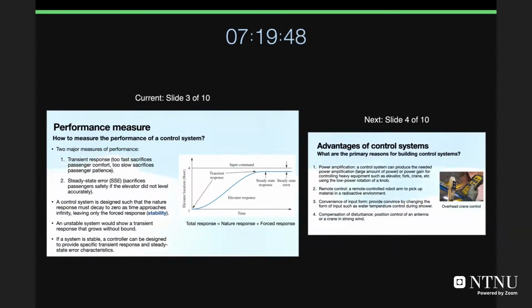Sometimes we need to design a controller for a system where the overshoot is important because it provides enough torque to help us move. So sometimes we will not focus only on the steady state response, but also on the transient response because we want the system to achieve some design requirement.